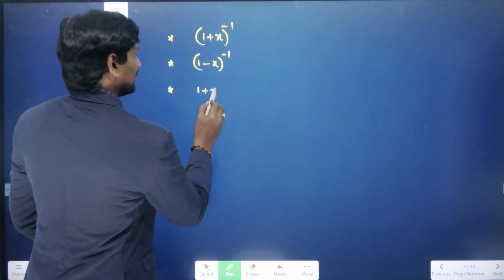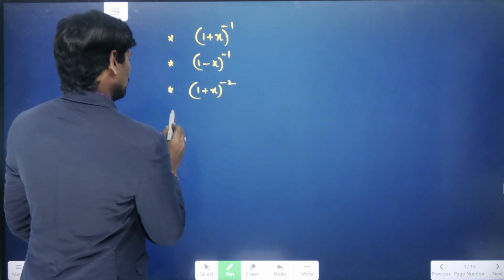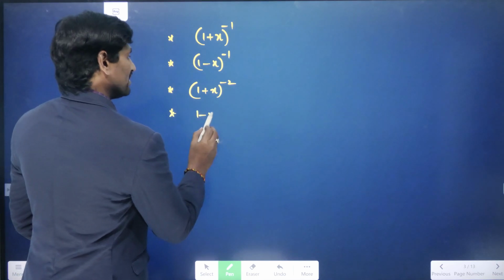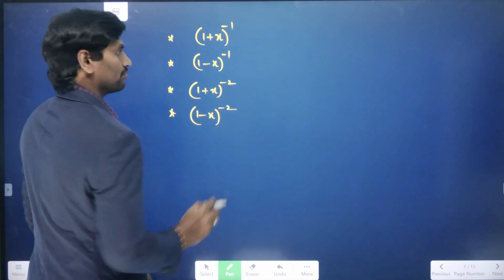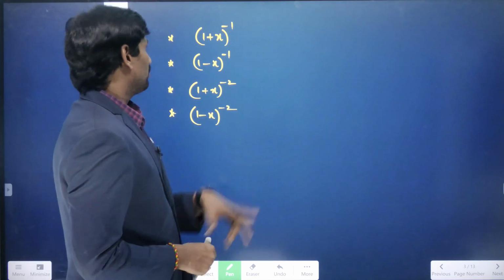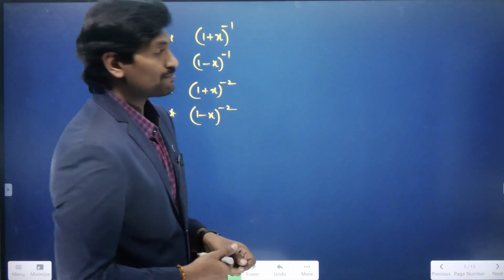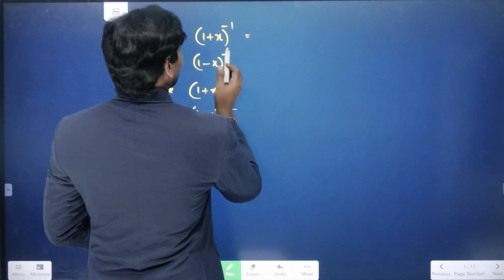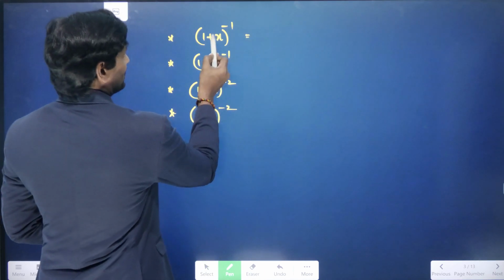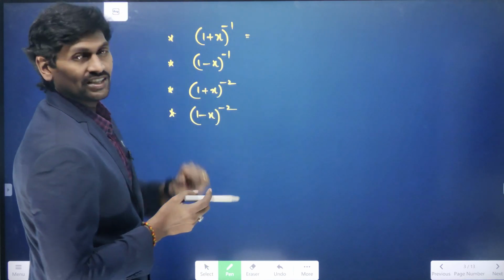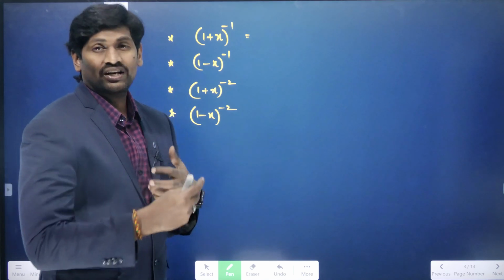Same way 1 plus x whole to the power of minus 2 and 1 minus x whole to the power of minus 2. Now while you are observing here, whenever it is having plus and minus, plus into minus is minus, so alternate symbols.